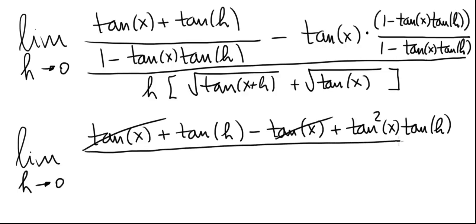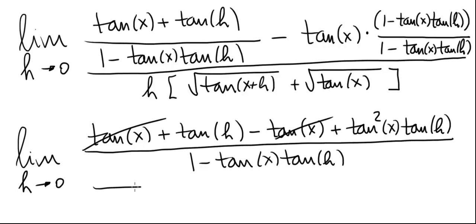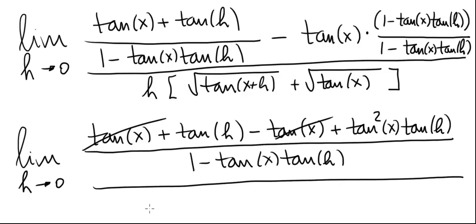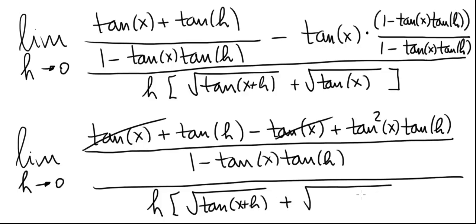This is divided by 1 minus tangent of x times the tangent of h, and divided by, again here, h times the square root of tangent x plus h plus the square root of tangent of x.